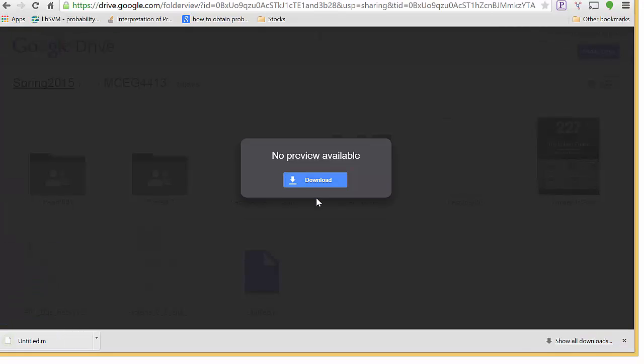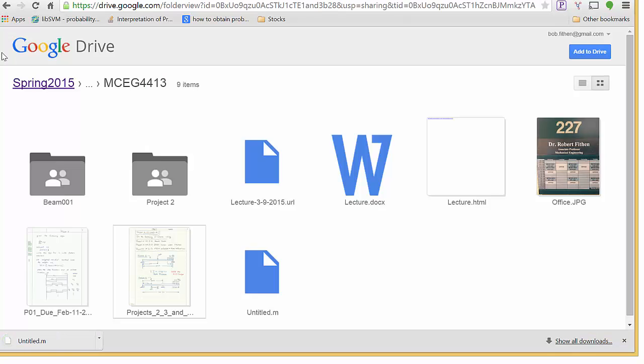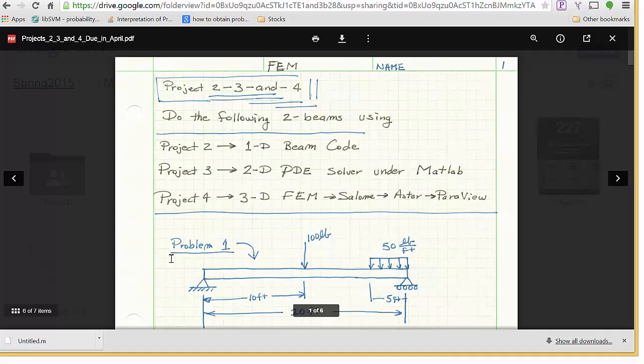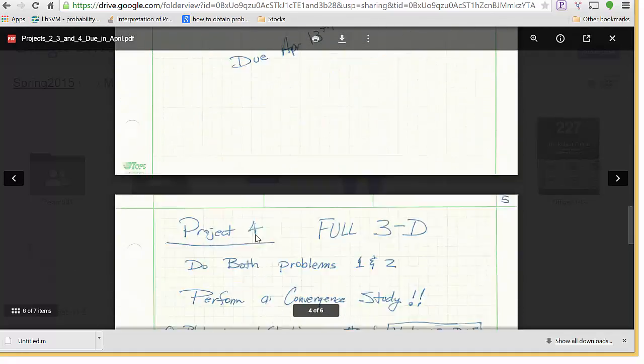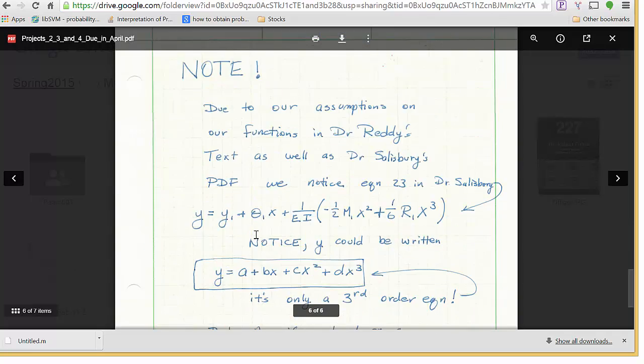Okay, apparently, let's try that again. Okay, so if you go down to the very bottom, you will find some notes here.